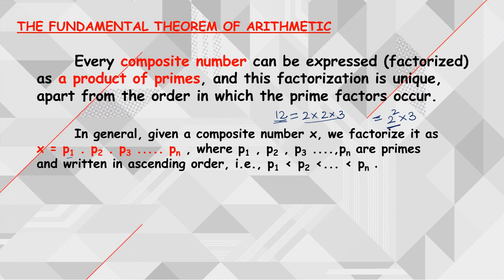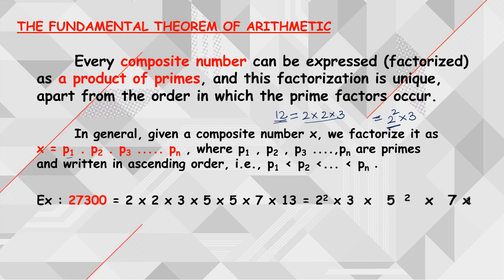Now let us see one more example: 27300. What is the prime factorization of this? It is 2 into 2 into 3 into 5 into 5 into 7 into 13. If you observe, each and every number is a prime factor.